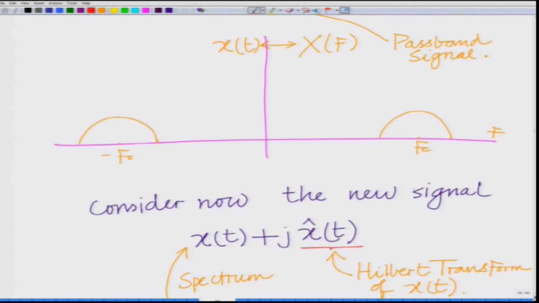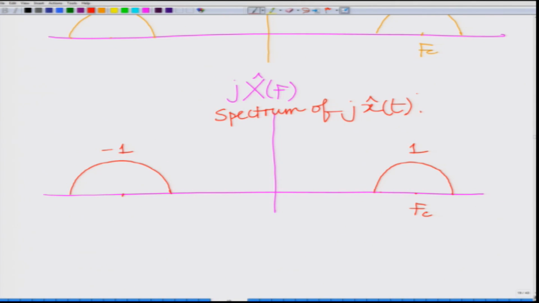Let us say we call this spectrum of x t spectrum 1, and this is spectrum 2, the spectrum of j x hat of t. So we have spectrum 1 and we have spectrum 2, all right.